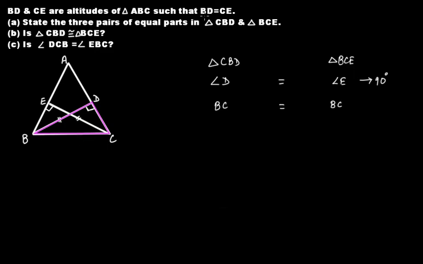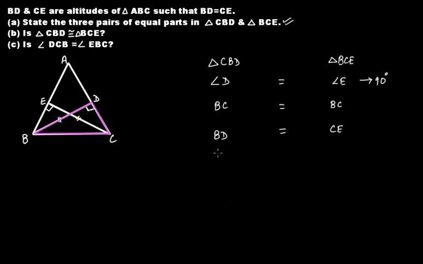That is given here. BD is equal to CE. Therefore, BD of triangle CBD is equal to CE of triangle BCE. Now, you can see here, we have actually found the three pairs of equal parts in triangle CBD and triangle BCE. So we have solved for this one.